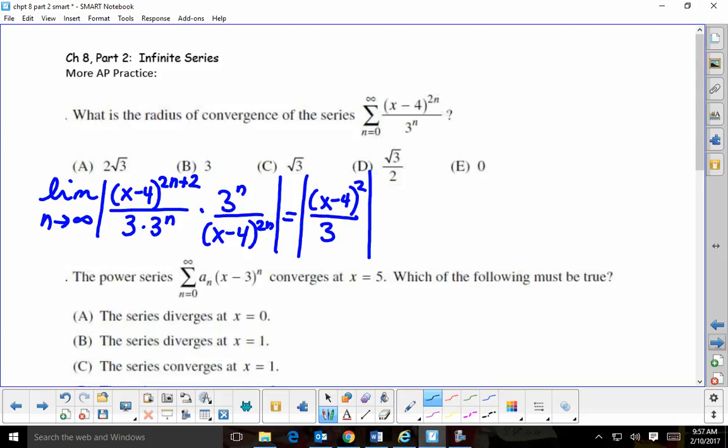So this is going to converge when this is less than 1. And again, our goal is to get it into this form to find that radius. Yes? Okay, keep going.